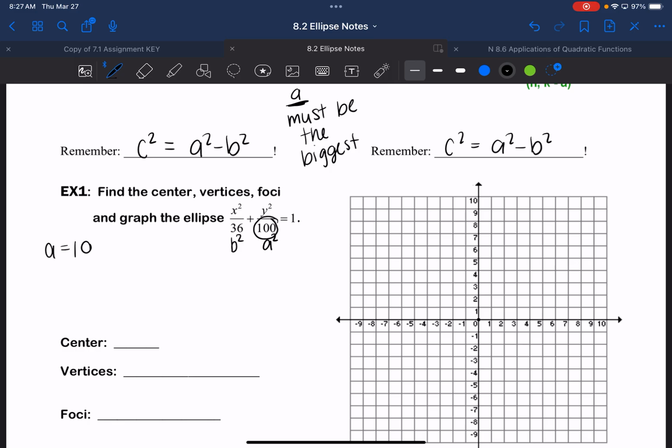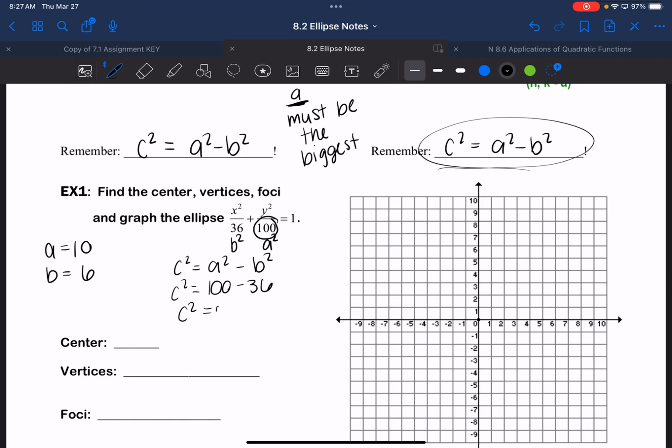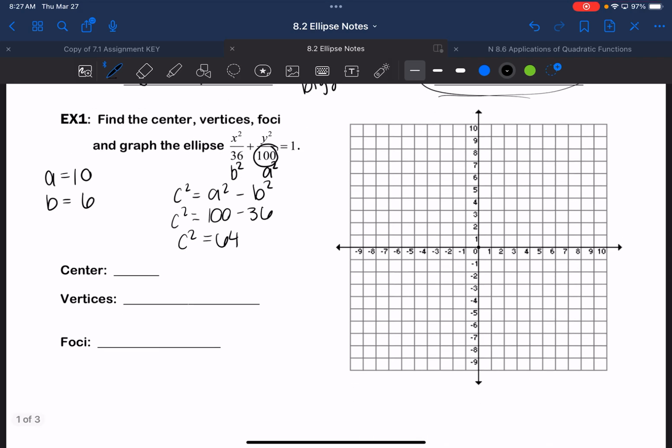And if B squared is 36, B must be 6. Right. And according to our rule up here, C squared is equal to A squared minus B squared, which in this case would be 100 minus 36, right? So C squared equals 64. So what must C be then? 8.